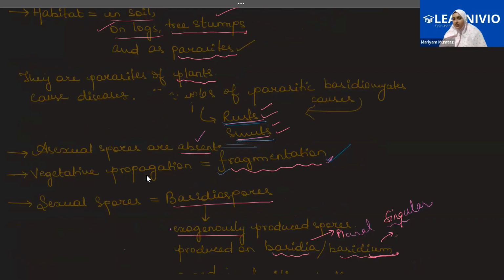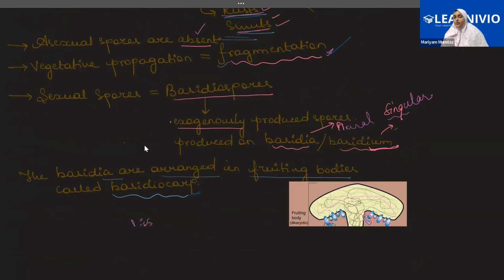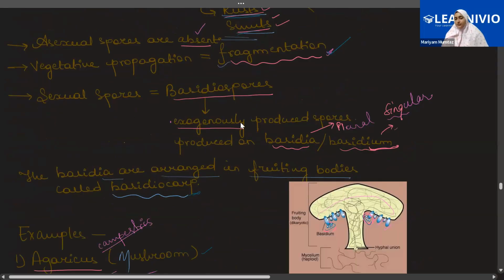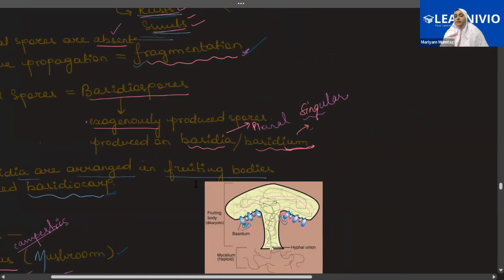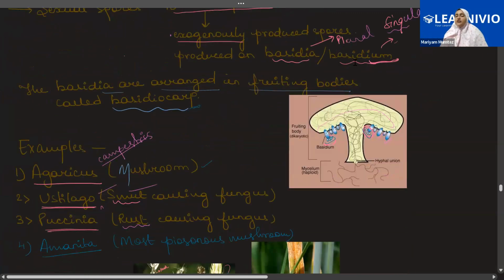Asexual reproduction does not take place in them. Vegetative reproduction is by fragmentation, and sexual reproduction takes place by sexual spores, basidiospores. Basidiospores are exogenous spores, produced outside, on top of structures called basidia, which arise from the fruiting body, the basidiocarp.